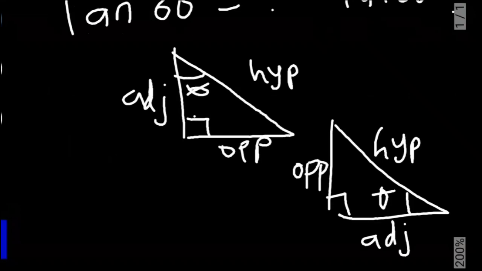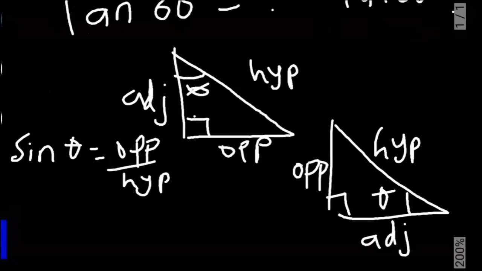And also, sine theta is equal to opposite over hypotenuse. Cos theta is equal to adjacent over hypotenuse.